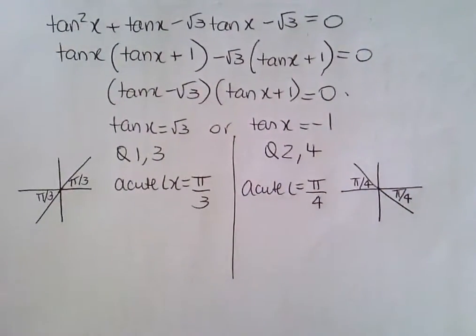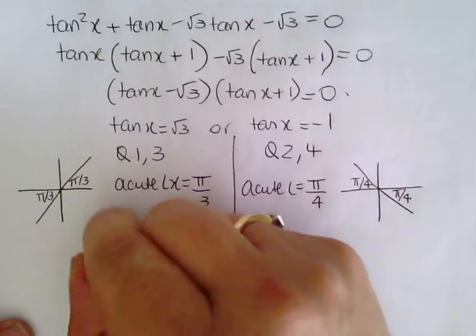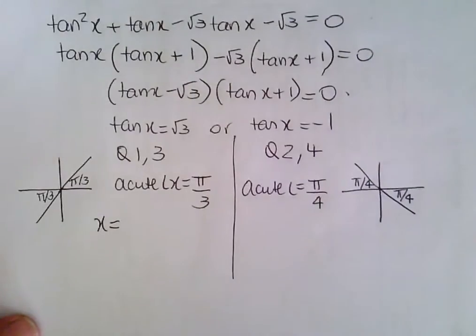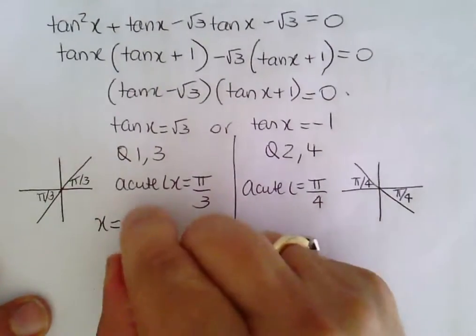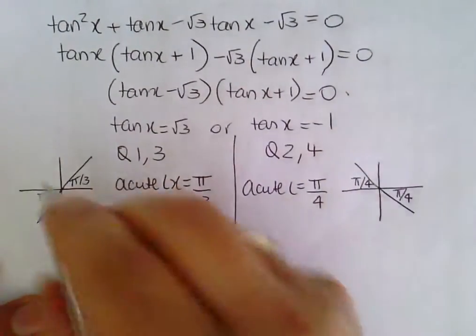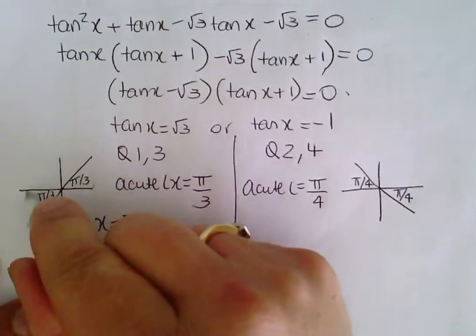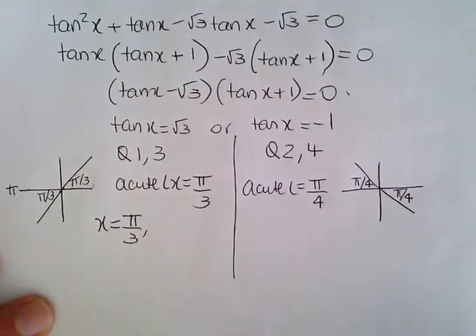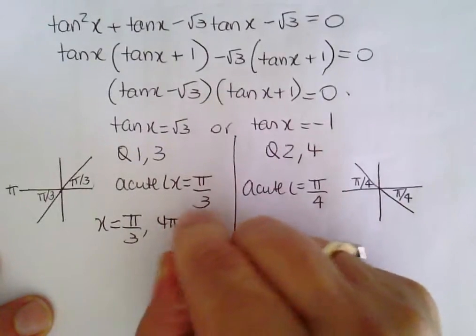Now, if you've got it drawn visually, it's just a very quick sketch, but it'll hopefully make sure that you don't make mistakes. So therefore, x is, for the pi on 3 one, what do you get? Pi on 3 and 4 pi on 3. Yeah, a pi plus another pi on 3, it's 1 1/3, which is 4 pi on 3.